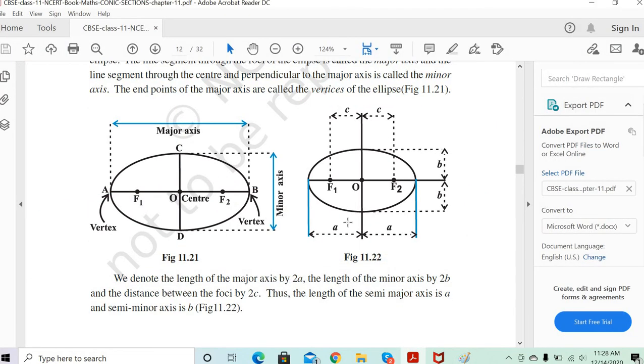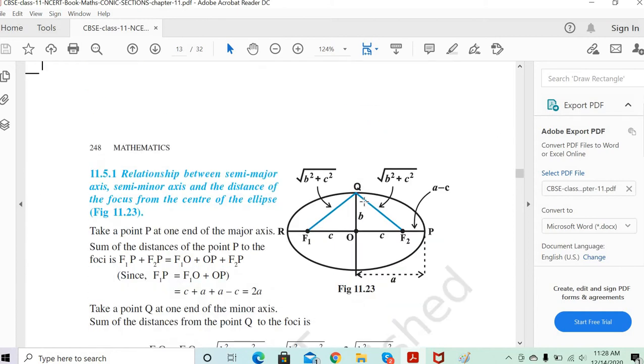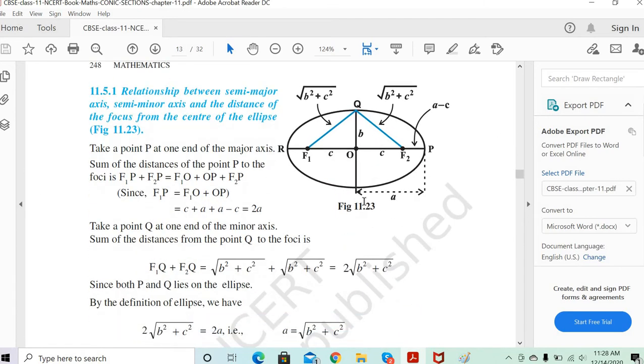So we defined the semi-major axis. The length of the semi-major axis is a, and this vertical one is called the semi-minor axis. Horizontal is called the semi-major axis. Clear? Now let's go to the relation between the semi-major axis, semi-minor axis, and the distance of the foci from the center of the ellipse.